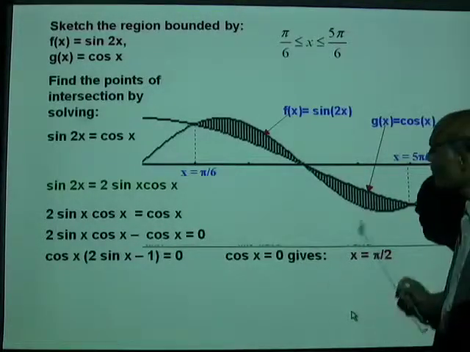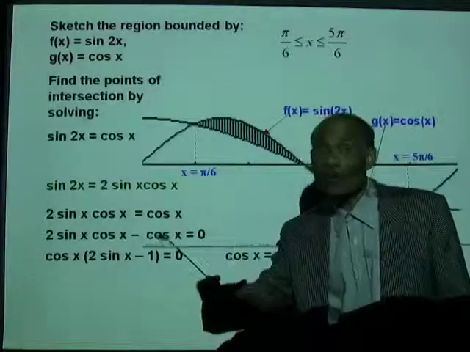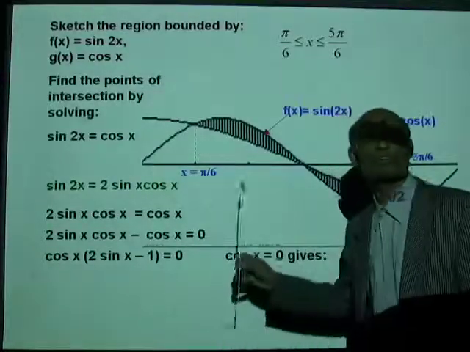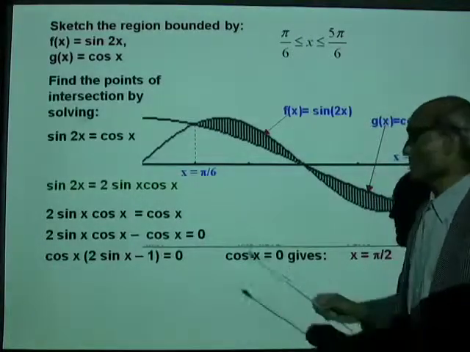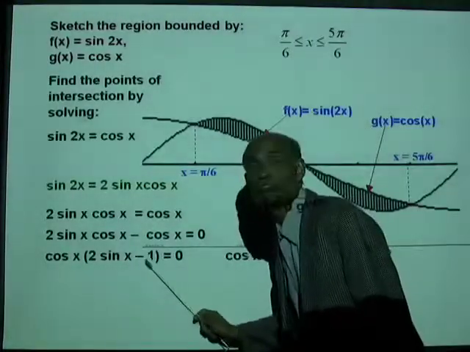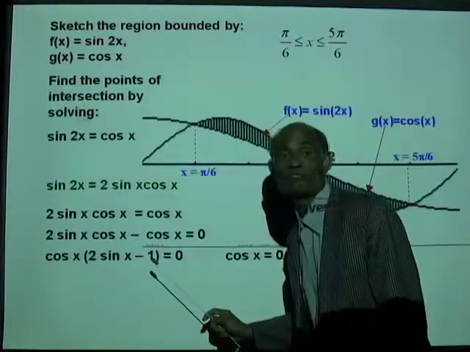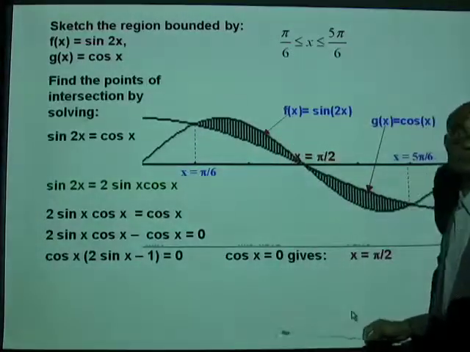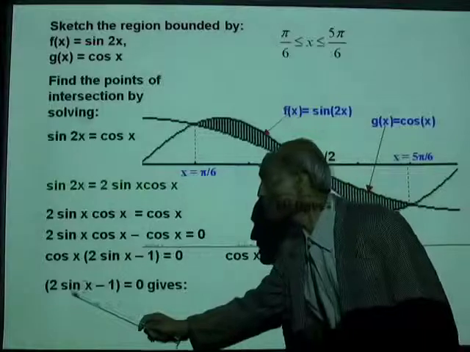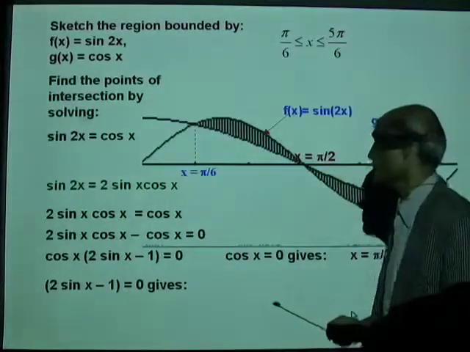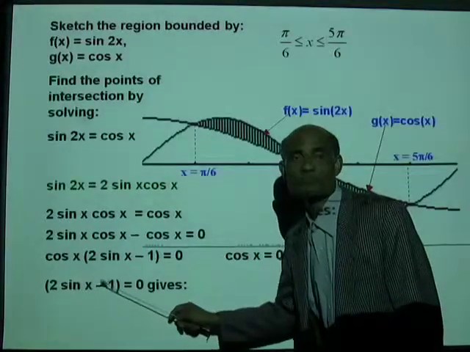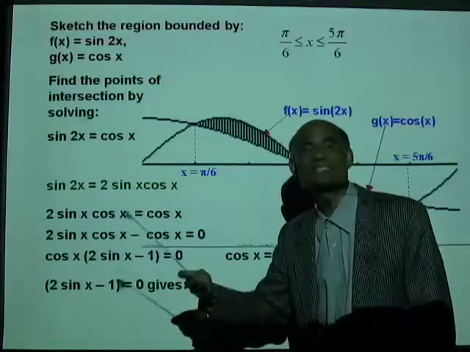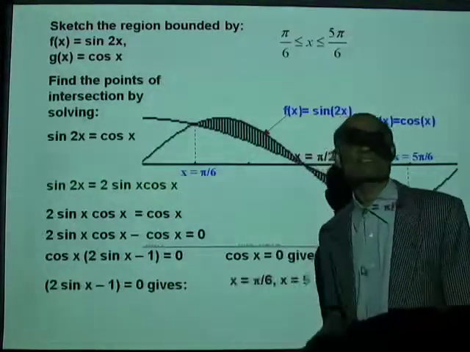We don't need to go further than that. Also, x can be 3 pi by 2, but we don't need it. That is beyond the limit given to us. Well, and we will now set the second factor to 0, and that will be 2 sine x minus 1 equal to 0. 2 sine x minus 1 equal to 0 means sine x equal to 1/2.